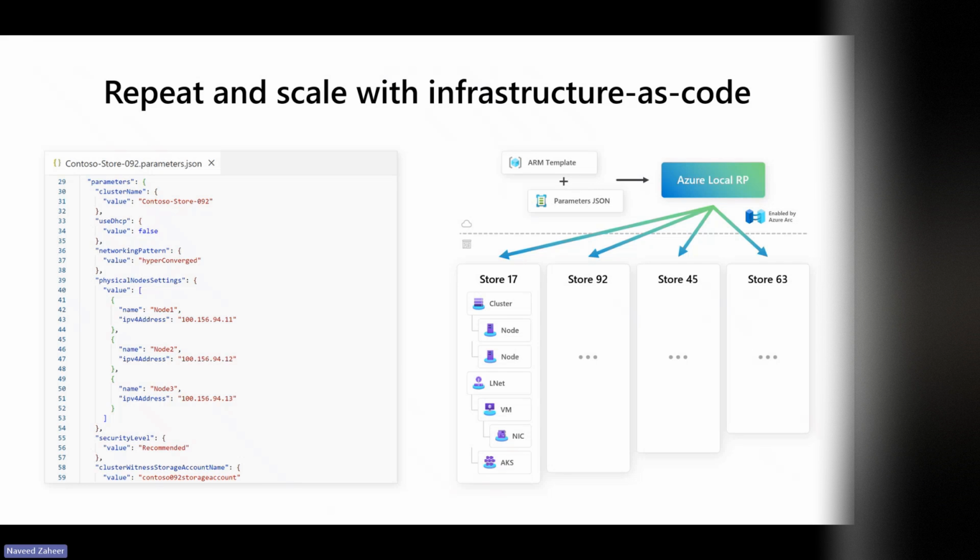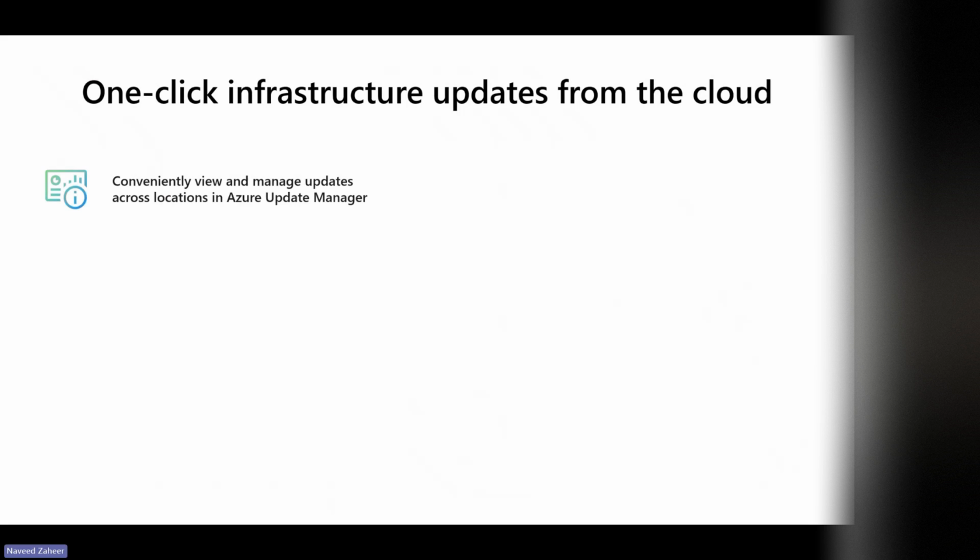Take it and deploy it in different locations. That's how you make it a repeatable process and increase the scale. So just using the Azure Local Resource Provider, which is a first class resource provider, you do it across different stores, just like this example is showing. Any questions?